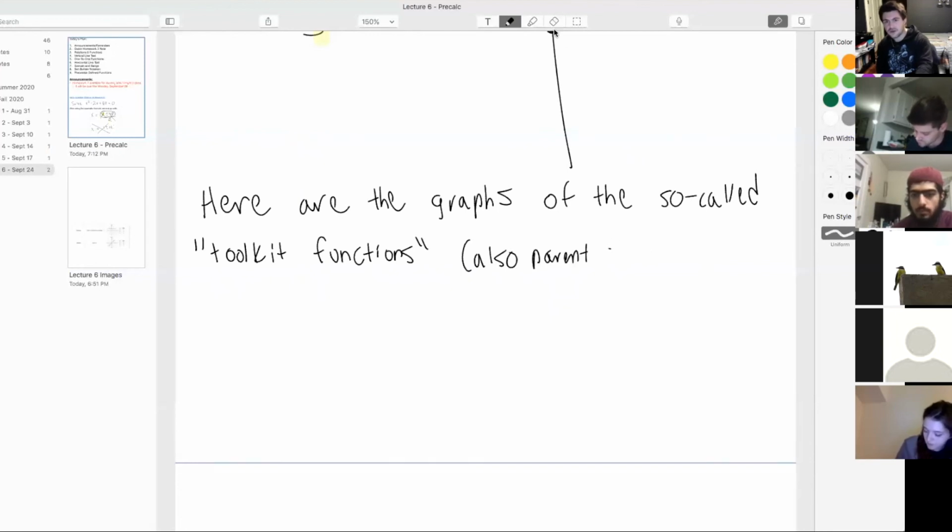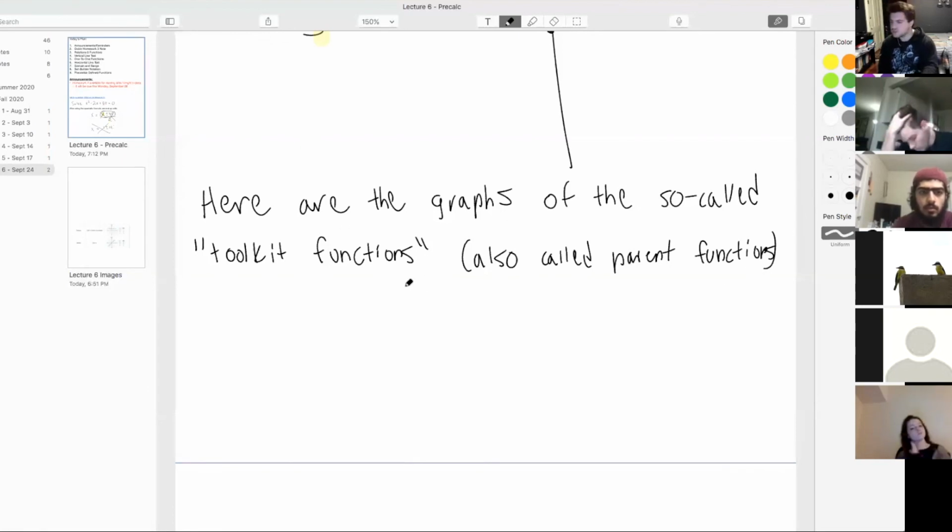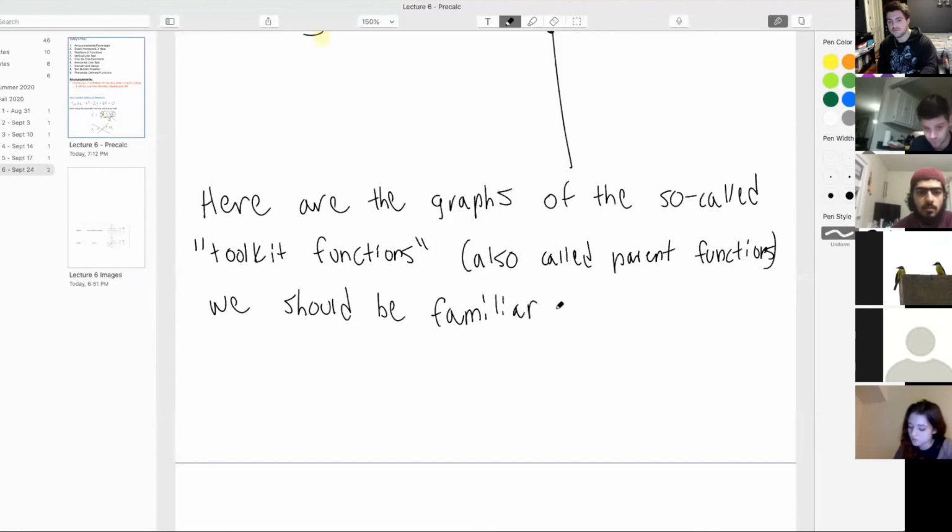They both mean the same thing. Here are the graphs of the toolkit functions we should be familiar with.